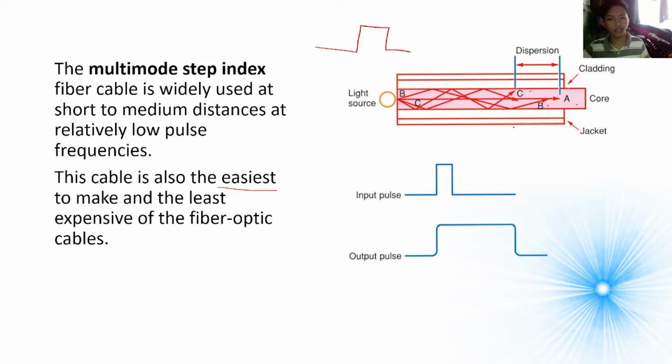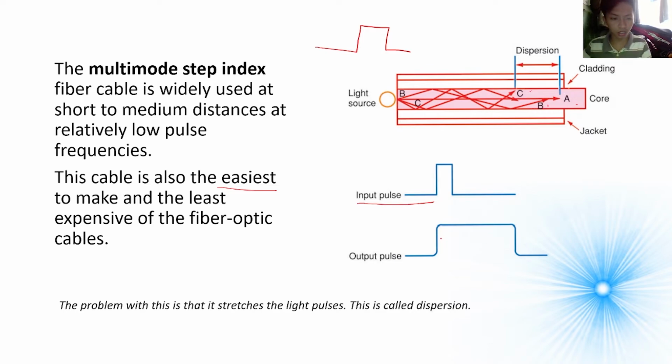In this one, the input pulse is like this, as we have discussed. However, the output pulse is like this, which is not what we wanted. The reason for the output pulse is this. Of course, A would be faster, so perhaps the pulse of A is here and B is here.